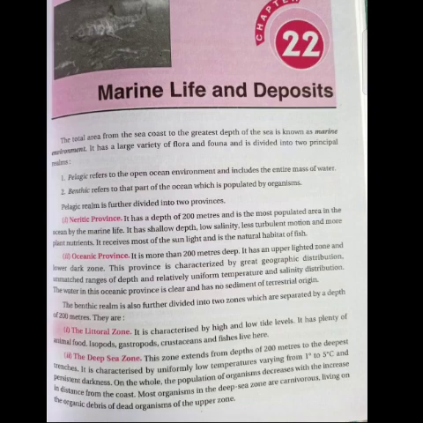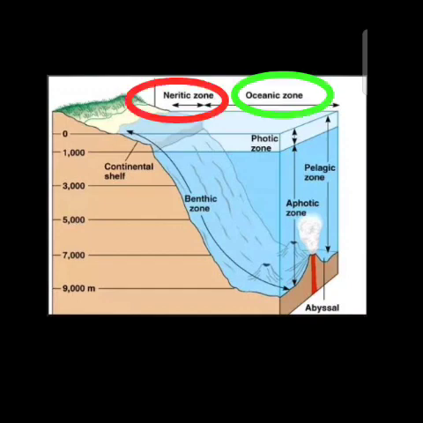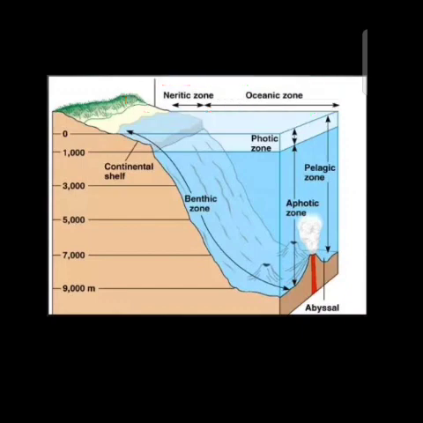Now let's move on to the further classification of the pelagic and the benthic zone. The pelagic zone is further classified into two areas. One is the neritic zone and another one is the oceanic zone. Now this neritic zone lies in the continental shelf area.